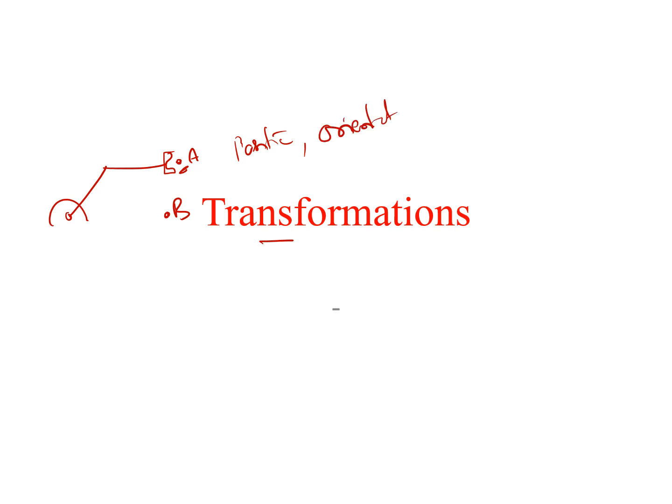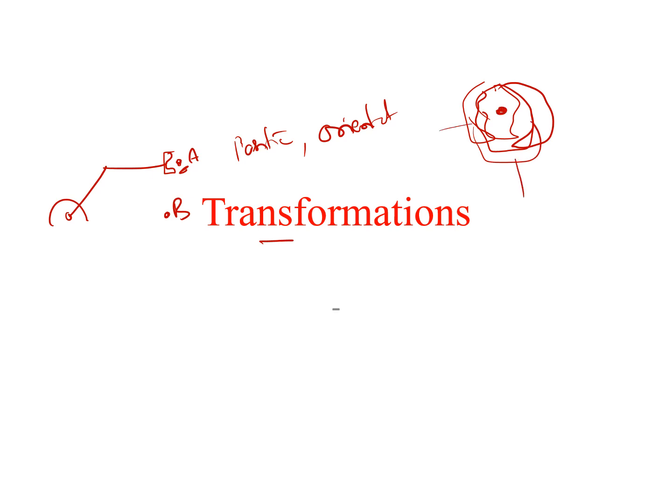If it is a point, then there is no orientation; we need only position. But if it is an object or rigid body, we need to know the position as well as the orientation. Why do we need orientation? Because the robot can grip like this, or in this fashion, or in this fashion. So we need to know the orientation.